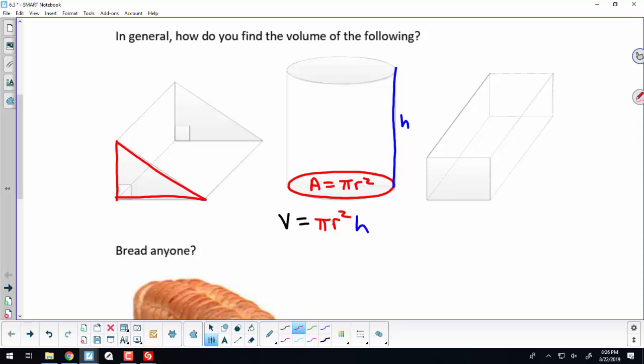We want to think, what is the area of this slice? And then I'm just going to extend it, from a to b. It's a little bit more involved than that, but that's the idea. So here's the area as 1/2 base times height. We'll say that's base, that's height, and we'll call this length, width, etc. So the volume of this thing is 1/2 base times height times length.